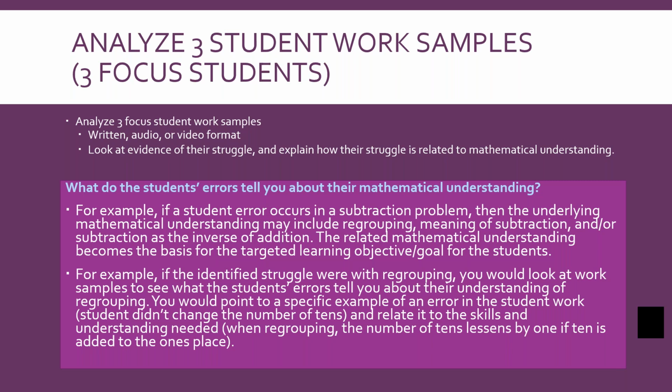When regrouping, the number of tens lessens by 1 if 10 is added to the ones place. So if Johnny did not demonstrate his knowledge of that skill, what would you see in his error? And when you see that error, pinpoint that error. That is your concrete evidence.